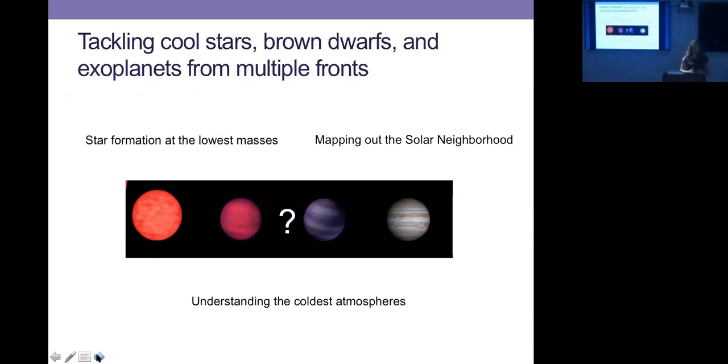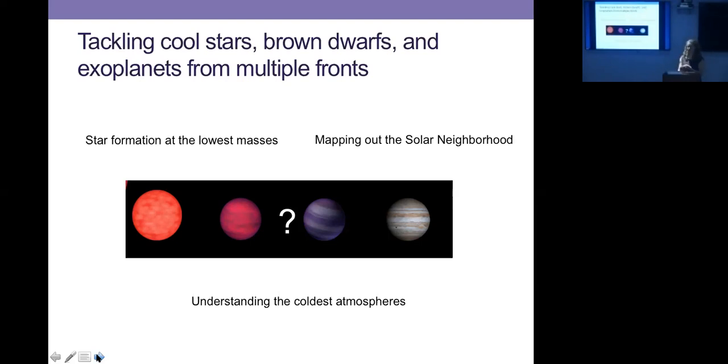Okay, so I want to talk to you today about some really big questions that we have in brown dwarf science and in how we understand cool stars, brown dwarfs, and exoplanets, and attacking all of these big unknowns from multiple directions. Some of the biggest questions in our field right now are: we don't currently understand star formation at the lowest masses. Is there a low mass cutoff? And how does star formation efficiency work at the lowest masses?